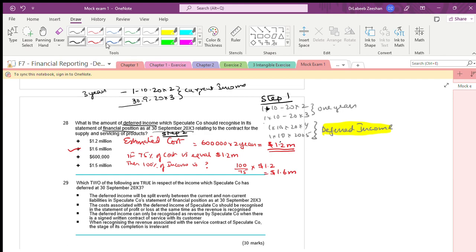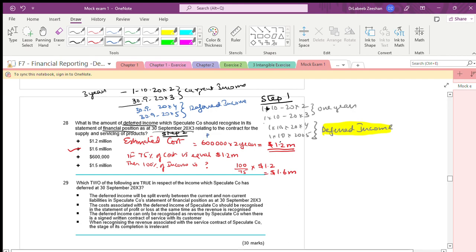The deferred income will be for 30th September 2004 and 30th September 2005. These two years are going to be the deferred income. Per year is 600. For 2 years, you get 1.2 million.